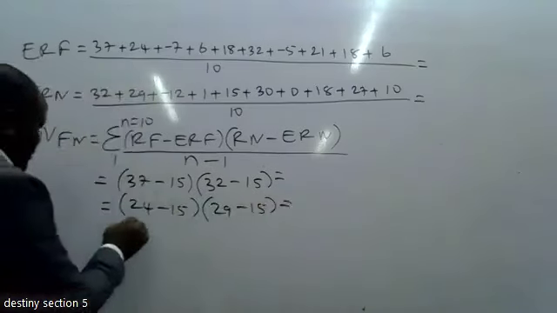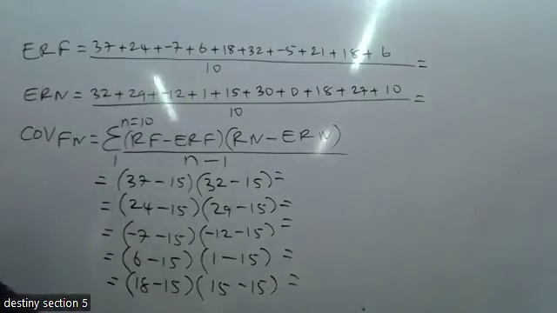Should also have 6 minus 15, also 1 minus 15. Next one is meant to be 15 minus 15, then 15 minus 15. So there are 10 of them to arrange up to number 10.